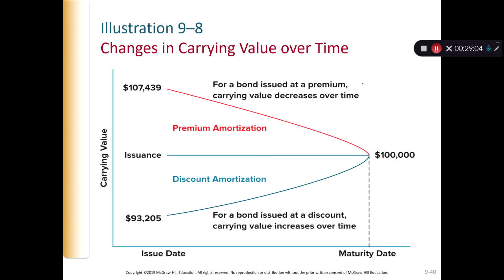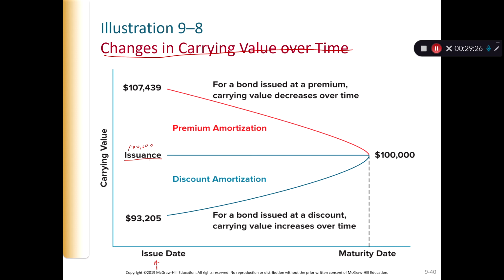Okay, so if we draw a graph of the change in carrying value over time, comparing issue at face value, issue at a premium, and issue at a discount, you will see a very interesting graph. On the issuing date, if we are paid $100,000, that means we issued at par, or at face value.